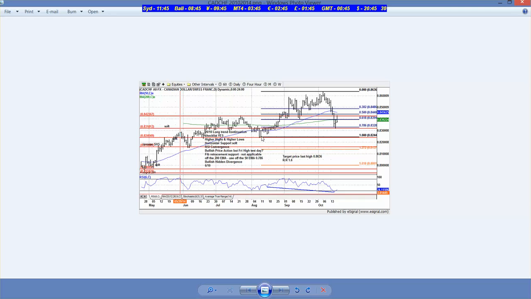What's interesting here is that you've done your fib from this, which seems to be the first close above the 50 after the phase 2. That's a reasonable argument and assumption to make for your Fibonacci.